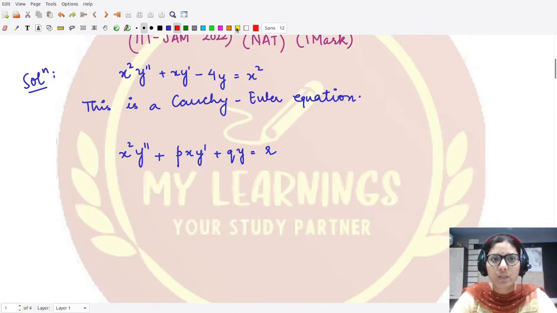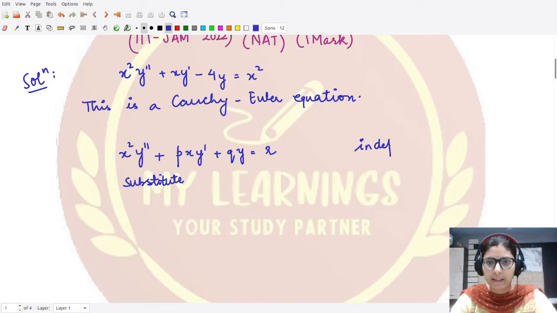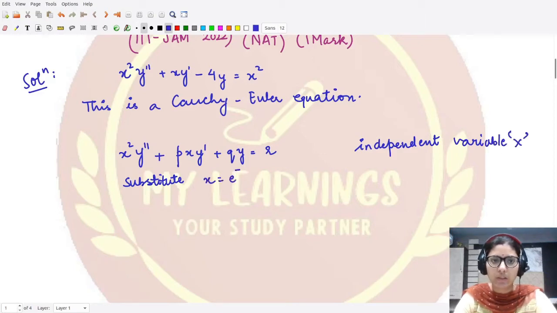For this equation we just change our independent variable. In this case your independent variable is x. We change it from x to z by substituting x equal to e to the power z.